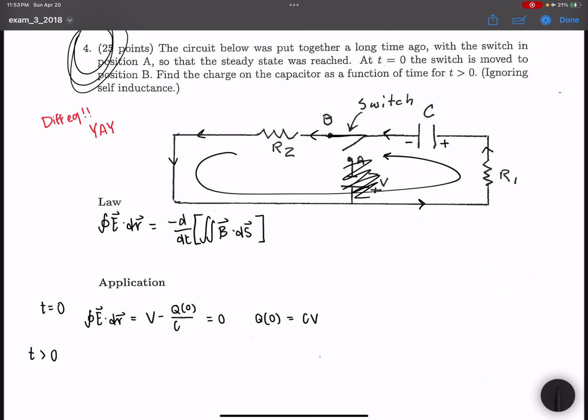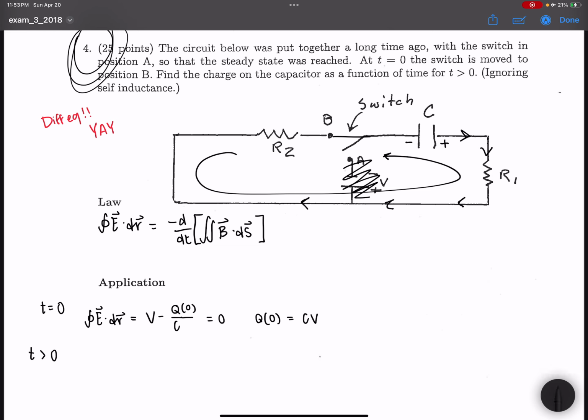It would be going this way, right? Because it's always from the positive, as a convention.